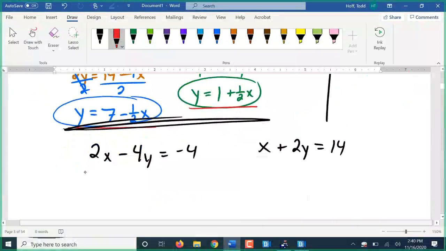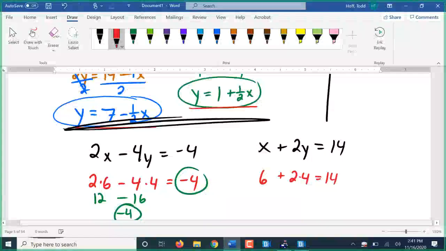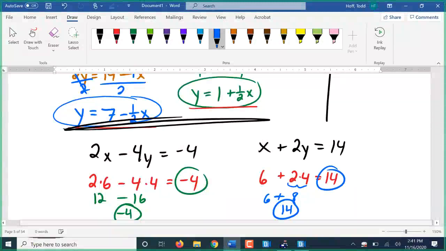So 6 goes in for the x, 4 for y. And let's make sure that equals negative 4. So this is 12 minus 16, and that does equal negative 4. So the first equation works. Second one here, we put 6 in for x and 4 for y. 2 times 4 is 8. 6 plus 8 is 14. So we get 14 on both sides on that one. So that point does work in both equations.